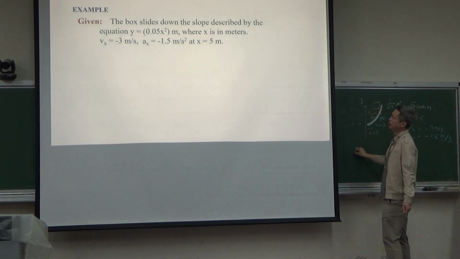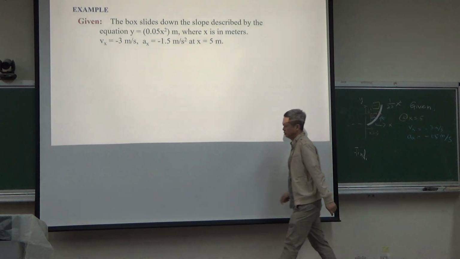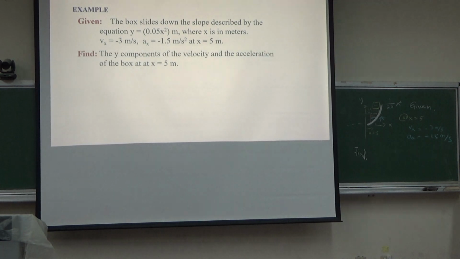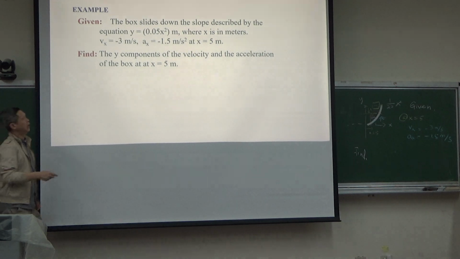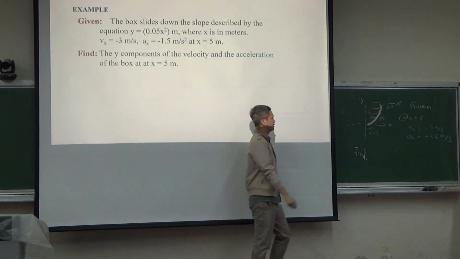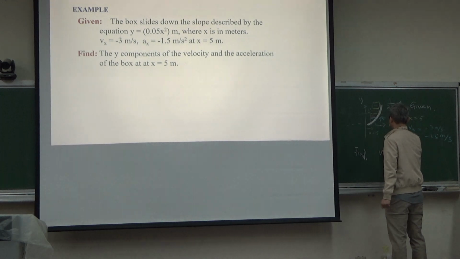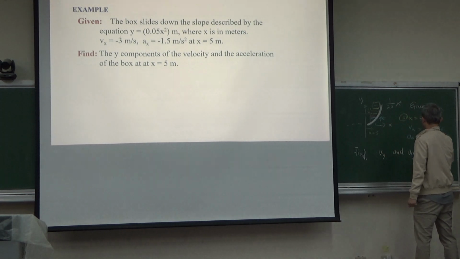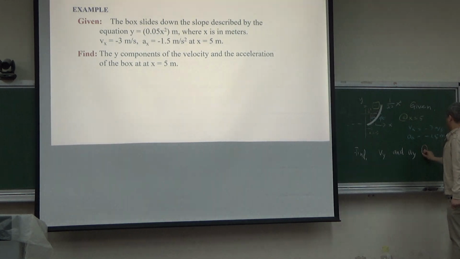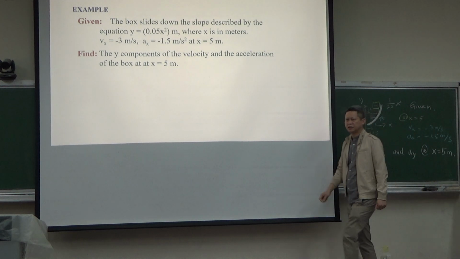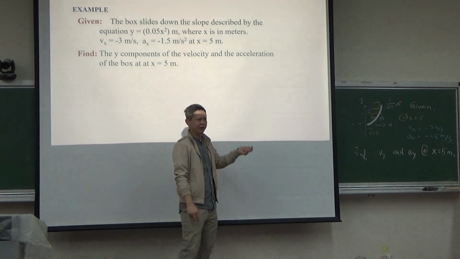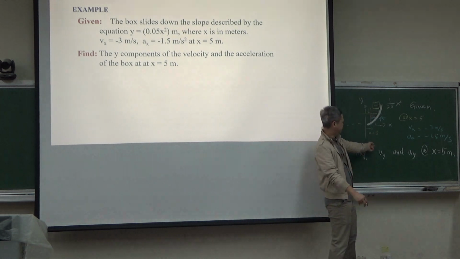And you are asked to find the velocity and acceleration in the vertical direction. You are asked to find Vy and Ay at x equal to 5 meters. If you are able to draw this, you are already halfway to solving it.